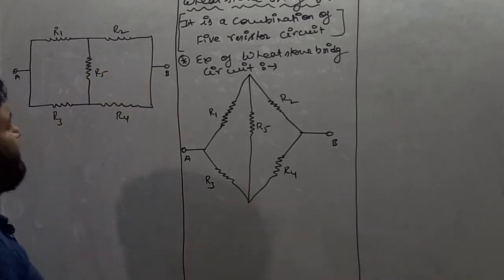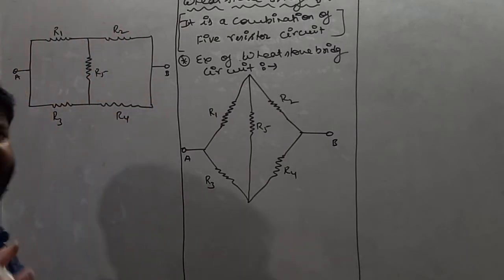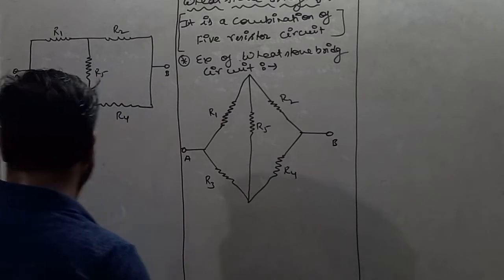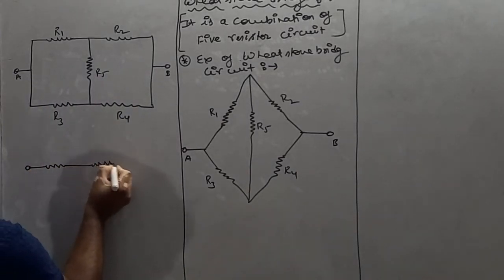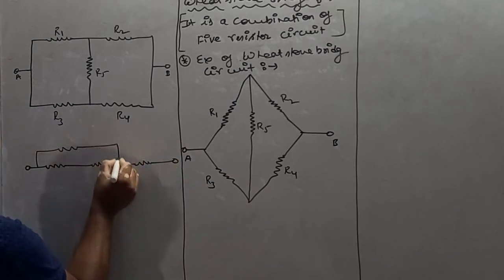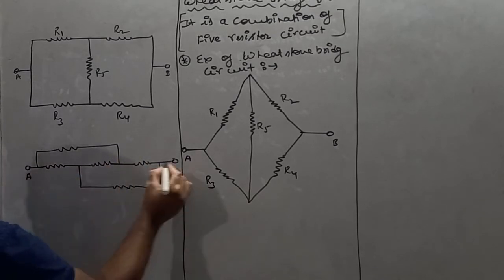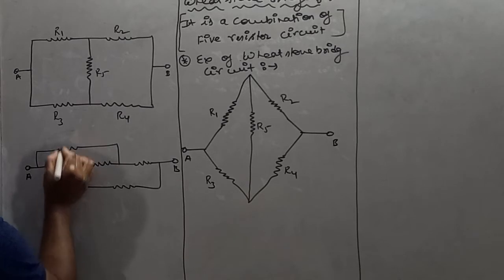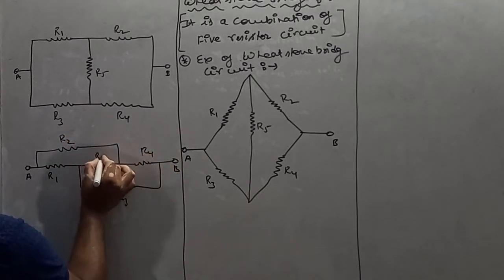So sometimes the structure of the circuit will be like this. Remember, 5 resistors are considered to be a Wheatstone bridge. Moving forward, sometimes the circuit will be like this: 1, 2, 3, one resistor here, 4, another resistor here, so 5. Let's suppose this is A, this is B, this is R1, R2, R3, R4 and R5.